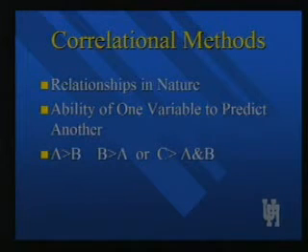Correlational methods are those where you are studying or observing relationships between variables as they are occurring in nature. You're looking at two things, two measures, two variables to see if one predicts another. And what is the strength of the relationship between one variable and another?